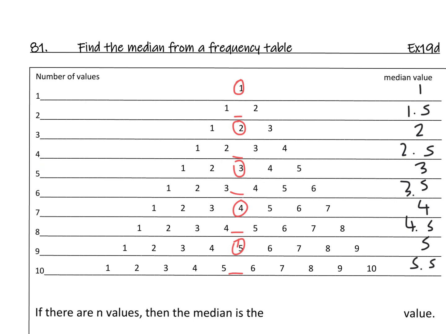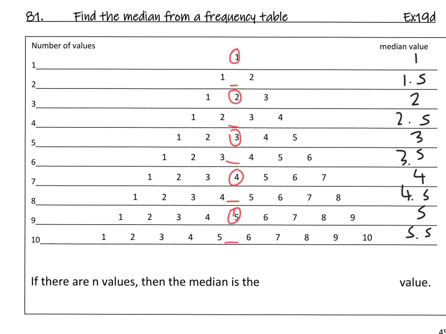There's a rule to work out what this is, okay? If there are n values, the median is what value? Well, there are 2 ways to do this actually, and they're both correct. I'm going to just go with one, and I think it's easier to remember. The other one might actually be better to understand.